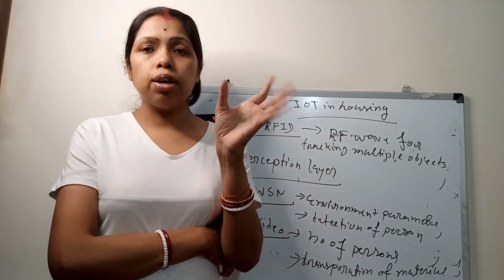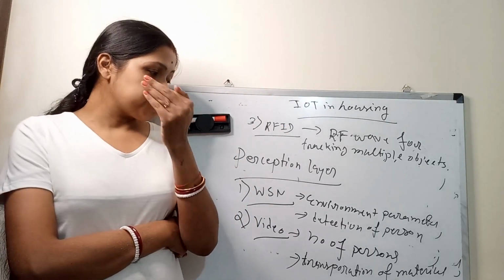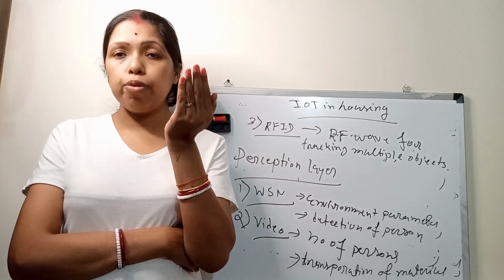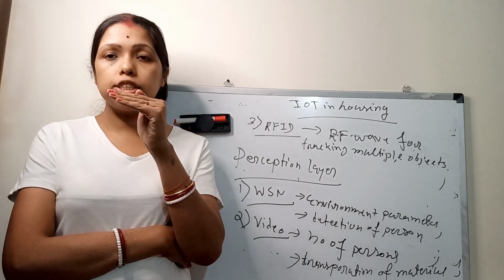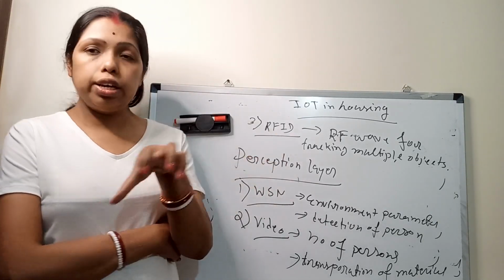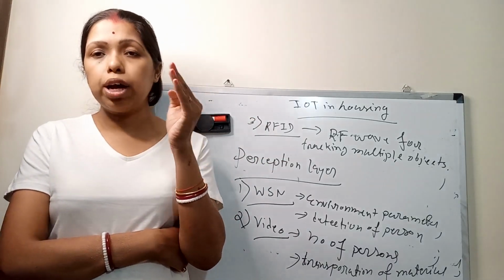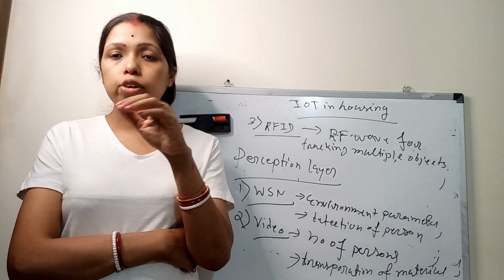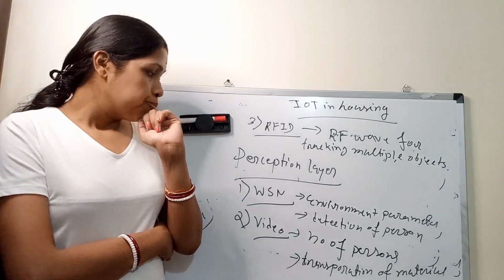In another paper, in the WSN network, they used a carbon dioxide detection sensor, temperature, humidity and pressure detection sensors, all assembled in a WSN network. The link of the research paper you can see in my description box.